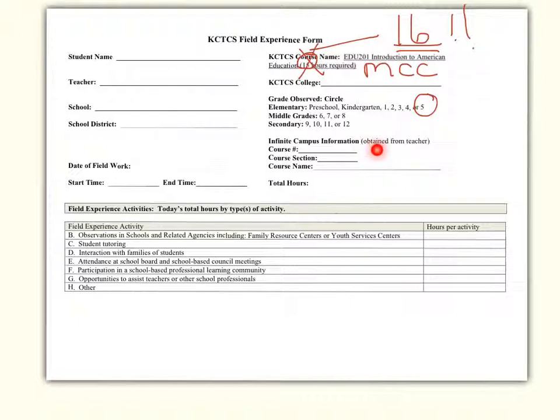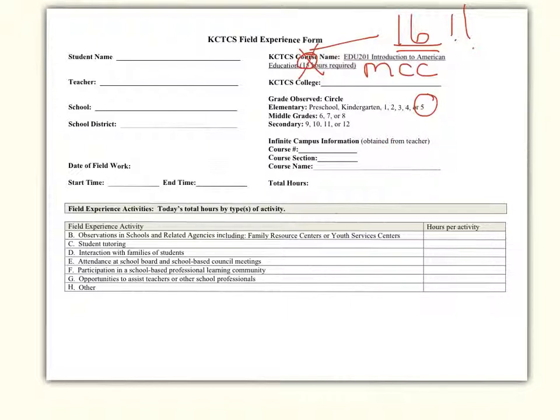You ask the teacher for the Infinite Campus number. And you will notice in this section that I provided you a screenshot of the Infinite Campus screen. You need to print that out and take it with you because, believe it or not, there are some teachers who do not know how to find that number.